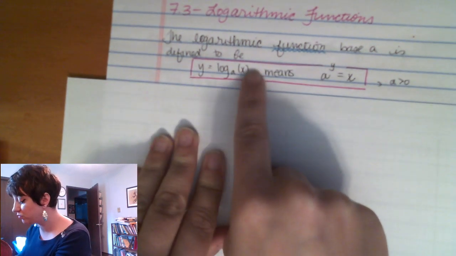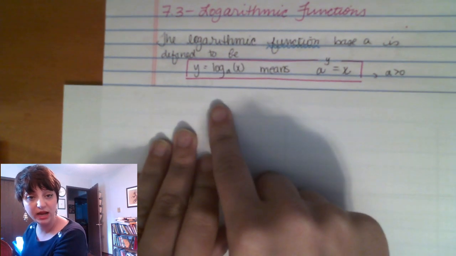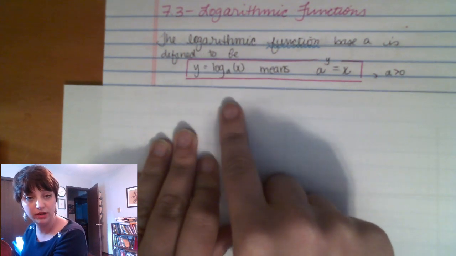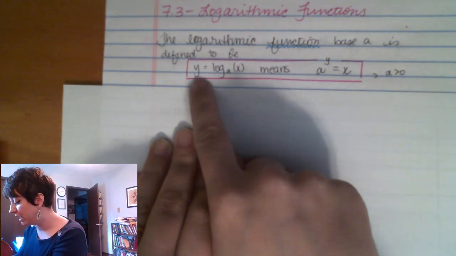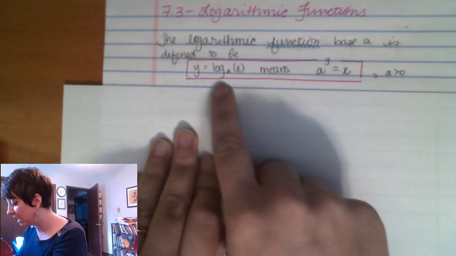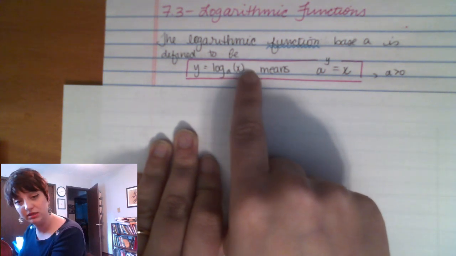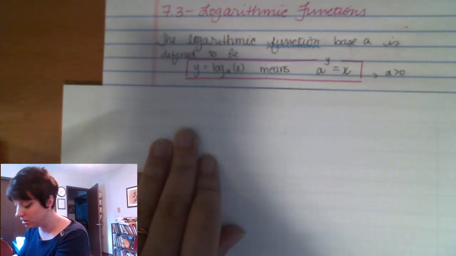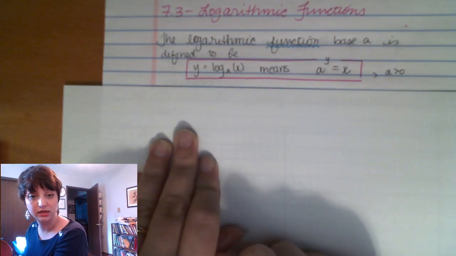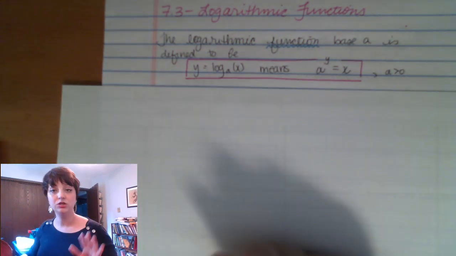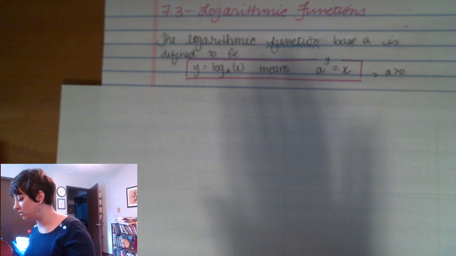It feels weird, but logs are really just a strange way to encode information about exponents. The exponent y and log base a of x are the same thing. So this is an exponent just like the y is an exponent. That feels weird, and that's fine. You can feel uncomfortable about it.